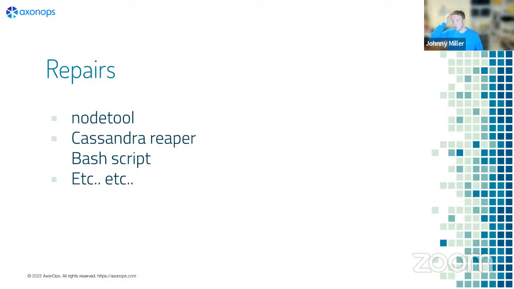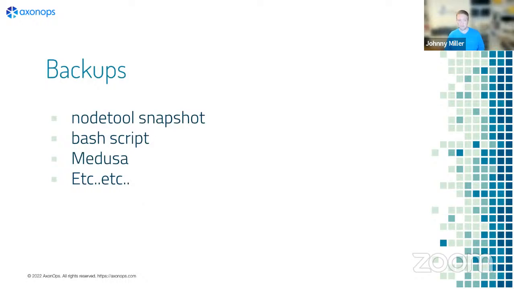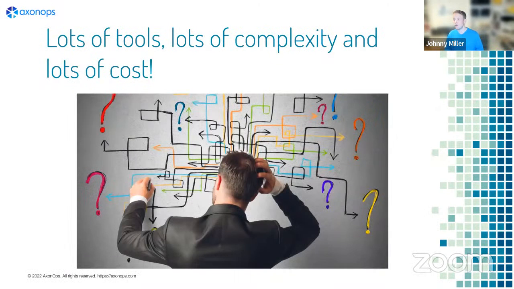You've got a tool there called Cassandra Reaper, which will kind of help run repairs in a way. You can write a bash script to run repairs, etc., etc. But again, no single tool to do metrics, to do logs, to do repairs. And the same thing with backups. You've got snapshots, Medusa, bash scripts, etc., to look after your backups. And essentially, what we were ending up with, lots and lots of tools, lots of complexity, and ultimately lots of cost.